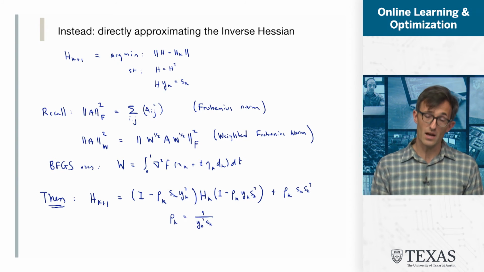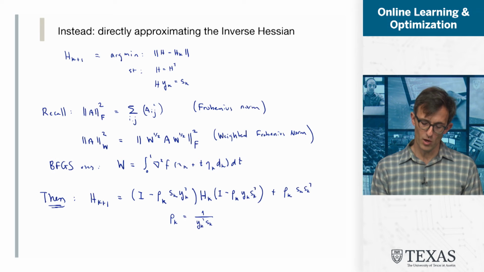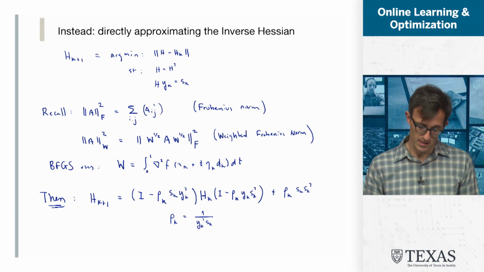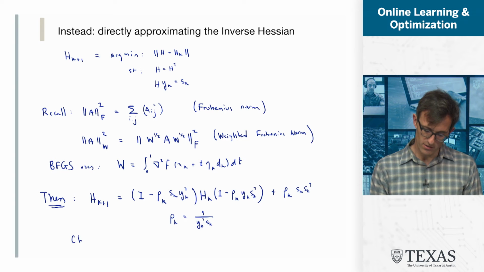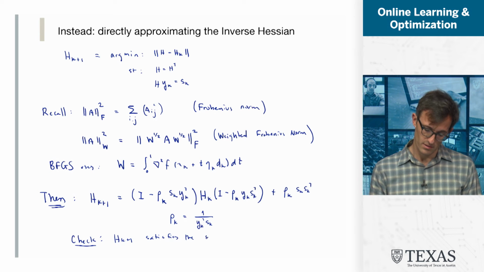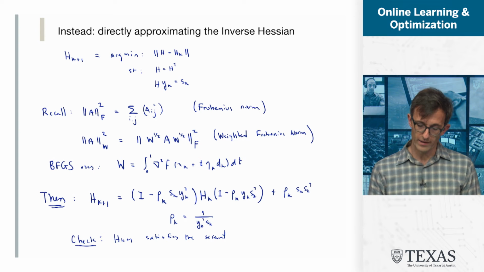And multiplying this out, you'll see that Hk plus 1 differs from Hk by just a rank 2 update. I'll leave it for you to check, it's just a simple calculation, that indeed Hk plus 1 satisfies the secant equation. So just plug in yk and make sure that what comes out is sk.